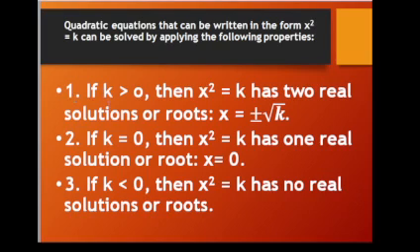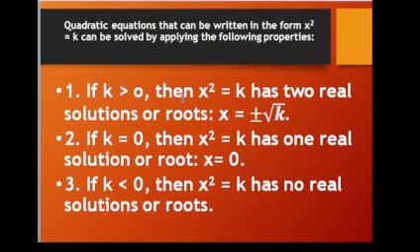Number 1, if k is greater than 0, meaning those numbers greater than 0, all those positive numbers from positive 1 to positive infinity, then x squared equals k has 2 real solutions or roots. It's either a positive or negative root.